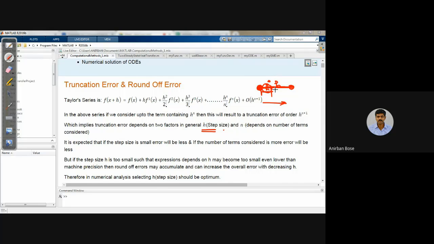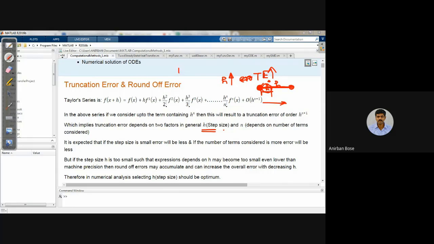So to minimize this truncation error, it indicates that h should be very small, from the point of view of truncation error. But there is a problem. If h is large, then definitely the truncation error will be more.